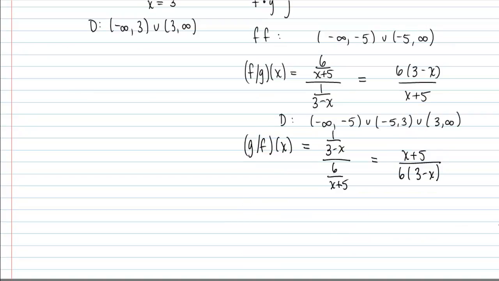Again, if you only look at the answer to determine the domain, you may think that 3 is the only thing that x cannot be. But remember that f of x was actually located in the denominator to begin with, and f cannot include negative 5, so therefore the domain of g divided by f, again, cannot include negative 5 or positive 3.